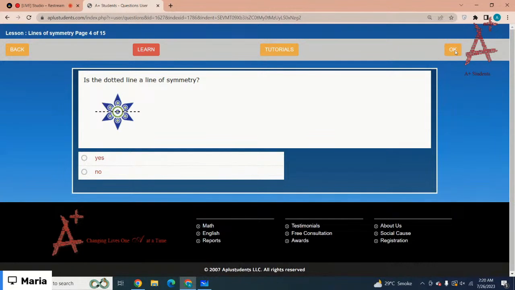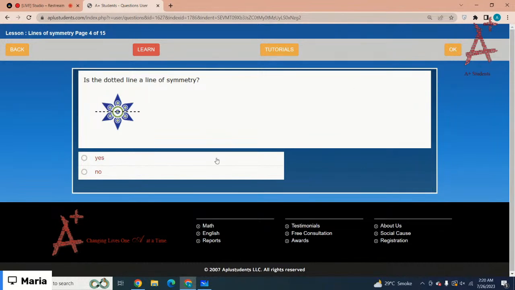Is the dotted line a line of symmetry? The correct option is yes, it is a line of symmetry. If you fold the image along the dotted line, the two sides match up.